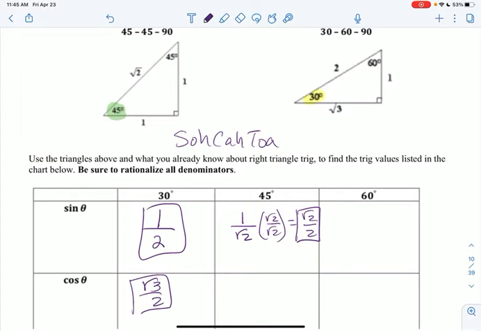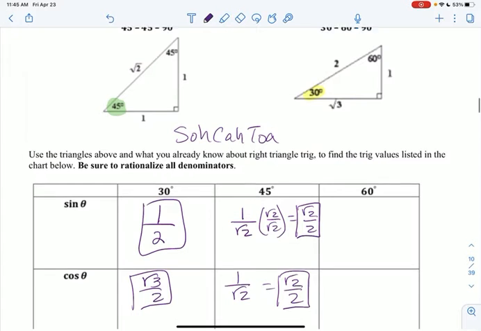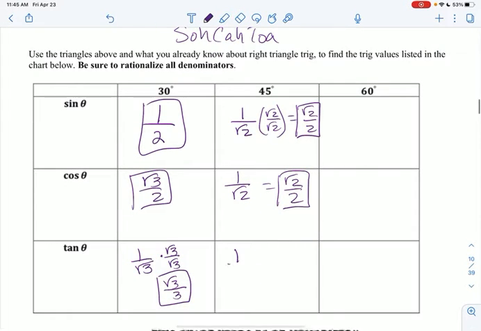Cosine of 45 is adjacent over hypotenuse. Oh, look at that, it's the same thing. So that is also going to simplify to radical 2 over 2. And tangent of 45 is opposite over adjacent, and that's 1 over 1, which just equals 1.